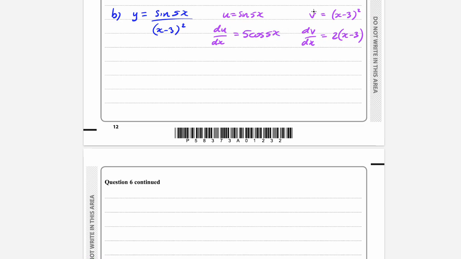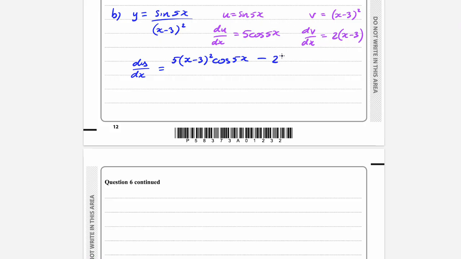Okay, so the derivative dy/dx, quotient rule, guys, is v du/dx. So it's x minus 3 squared times du/dx. I'll put the 5 here if everyone's okay with that. So it's 5 times this, cos 5x, so that's v du/dx, minus u dv/dx, which is this times this.